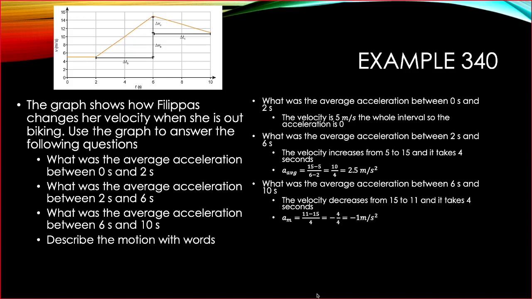So we have the end velocity, which is 11, minus the starting velocity for that period of time, which is 15, and we divide that by 4, and we get minus 4 divided by 4, which is an acceleration of minus 1 meters per second squared, or if you want to express it as a retardation of 1 meters per second squared.